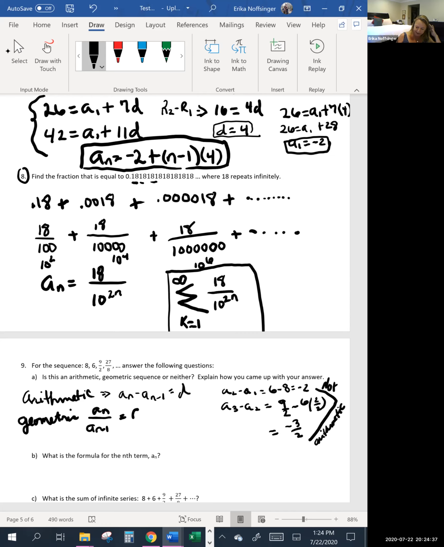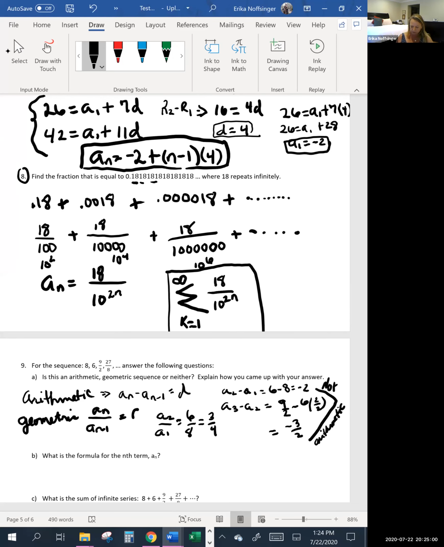If we look at a sub 2 divided by a sub 1, this would be 6 divided by 8. Let's reduce that: 2 goes into both of these, so this would reduce to 3/4. I want to look at a sub 3 divided by a sub 2.